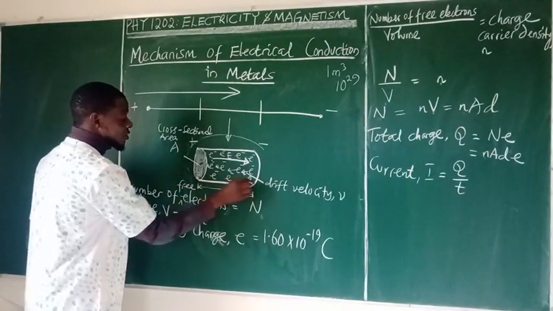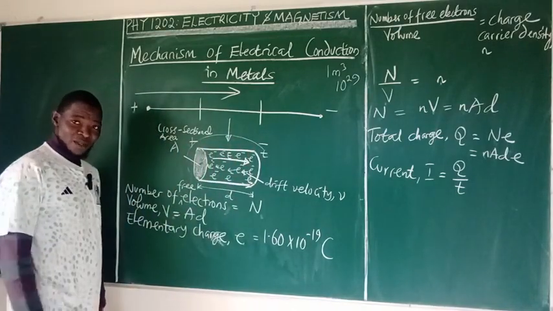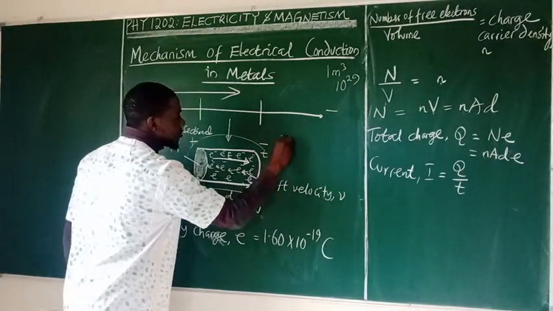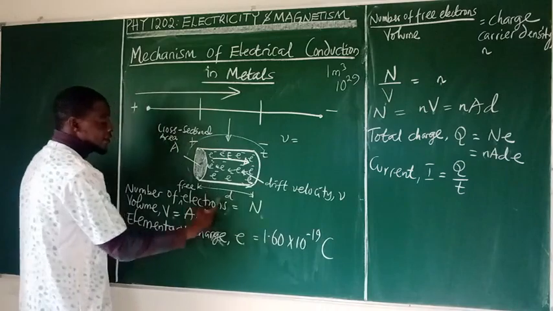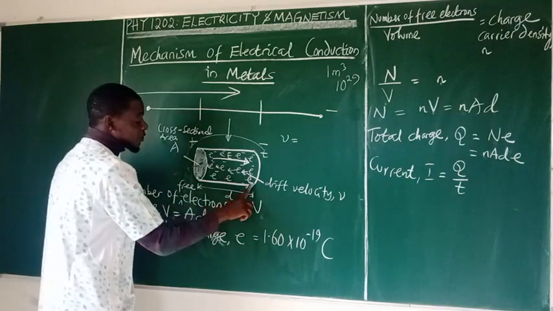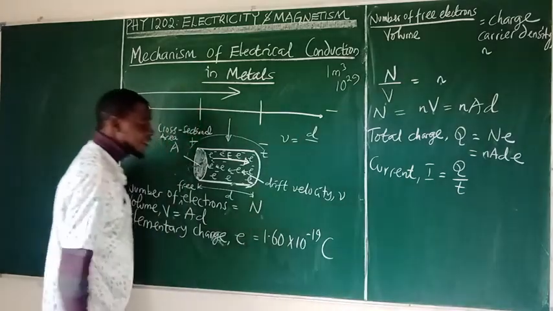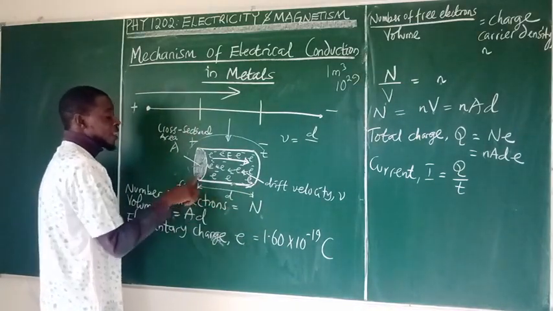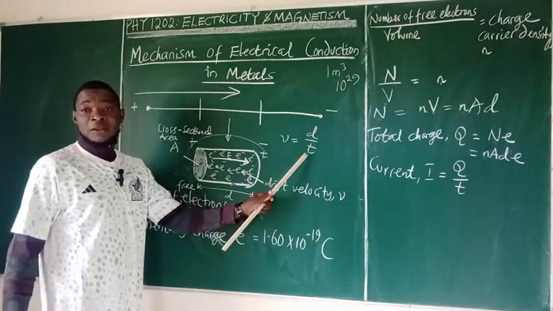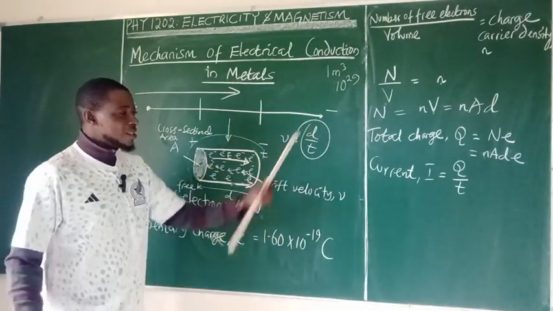The total distance traveled is d, and the time it takes is t. It has drift velocity, and the velocity is the displacement over time. It is displaced from here to here, so its displacement is d, and the time it takes is t. So your v is d over t. Don't forget this, we are going to use it here.